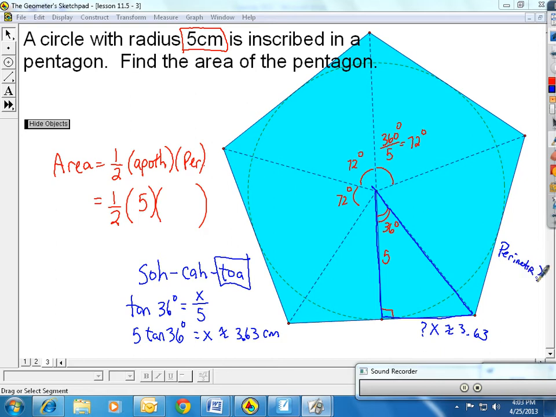Well, double that to get this whole side, right? So I'm going to multiply that by 2 to get approximately 7.26.